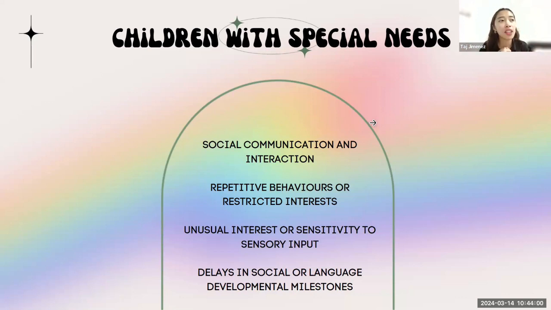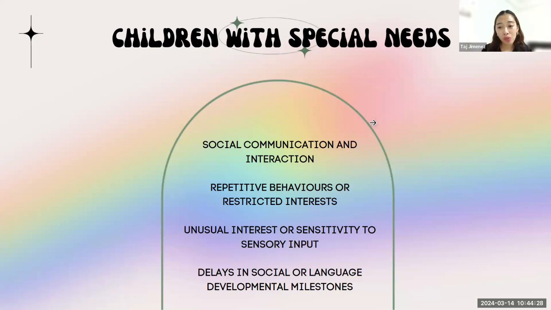I feel like a child who cannot self-soothe beyond 15 minutes is a dysregulated child, and a child who would be crying 5 to 7 times a day is a red flag already. Another one is delays in social or language developmental milestones.